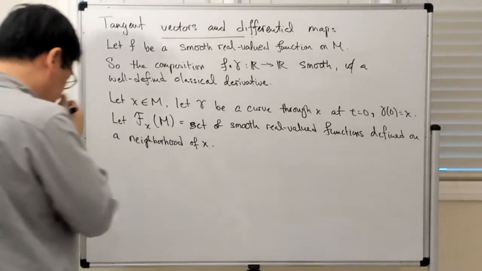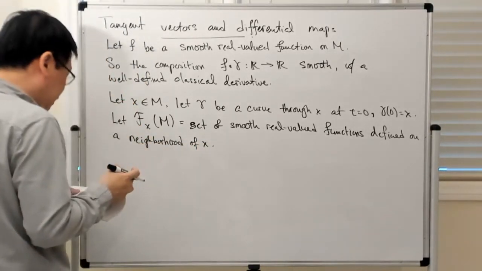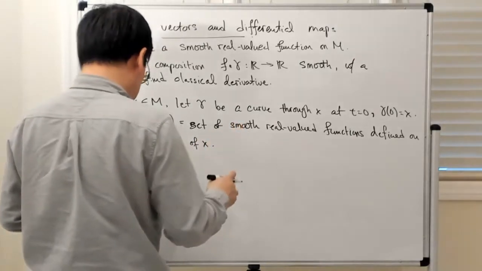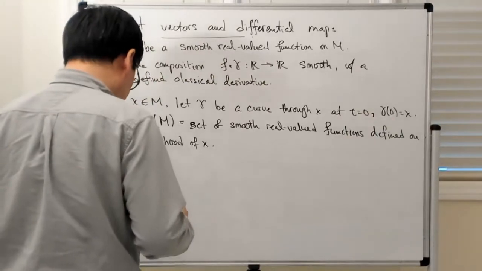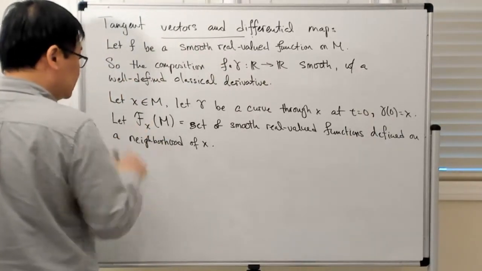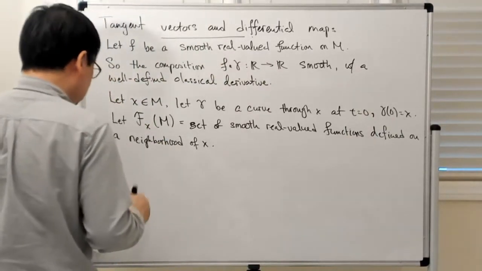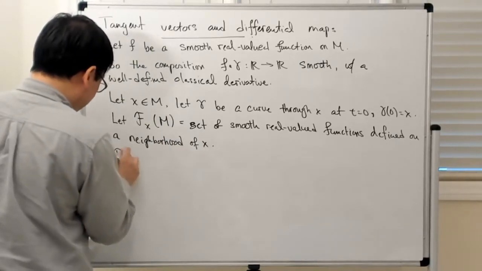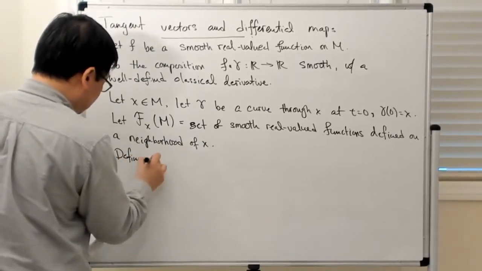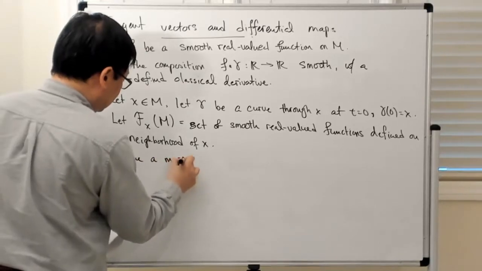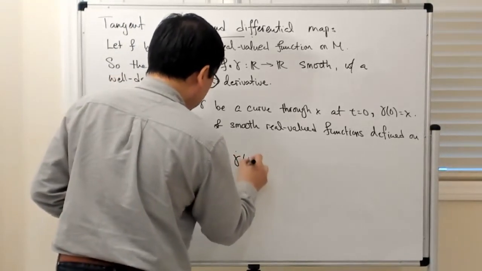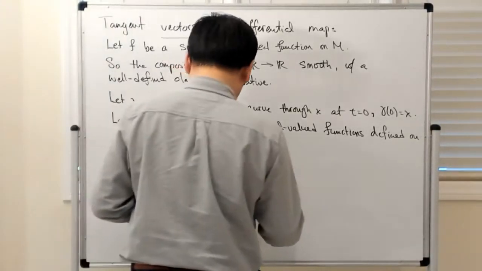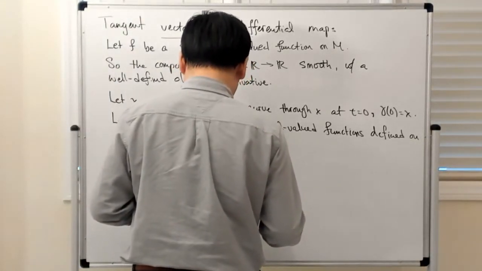Okay, with that I can define a map from the derivative of gamma at 0 to this set of smooth real valued functions.